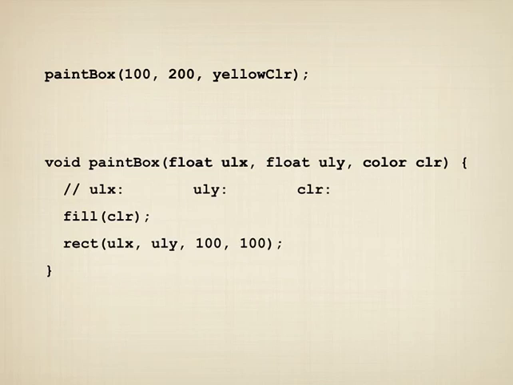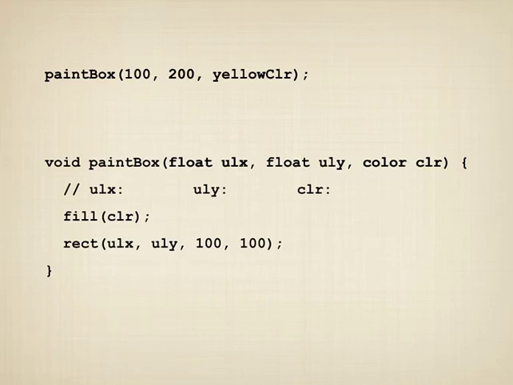We don't even say color equals something. Those three assignment statements are done implicitly for us by Processing when we call the function. In the first line of paintbox, I have a little comment, and in there I will show you what the values of ulx, uly, and color get set to for the particular call at the top of the screen.